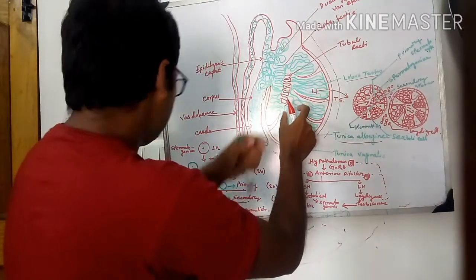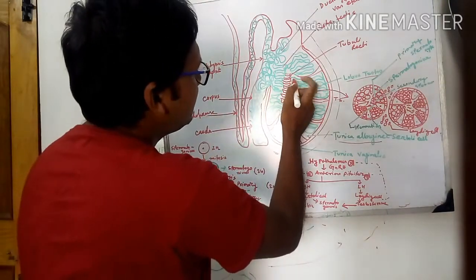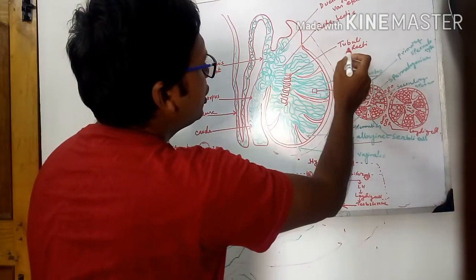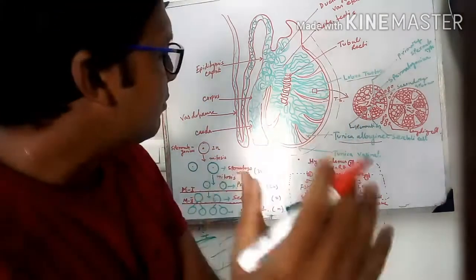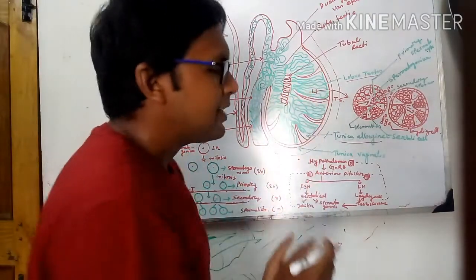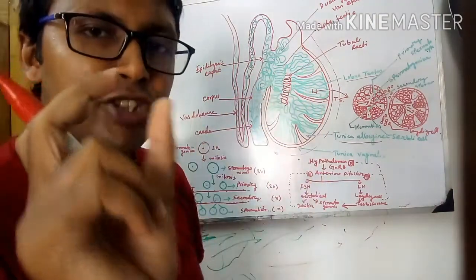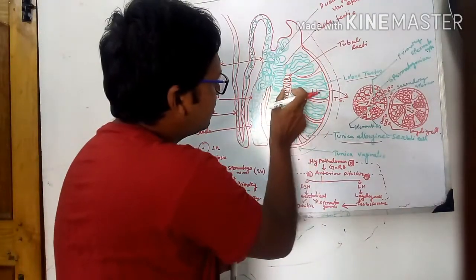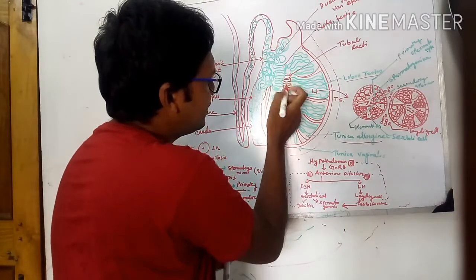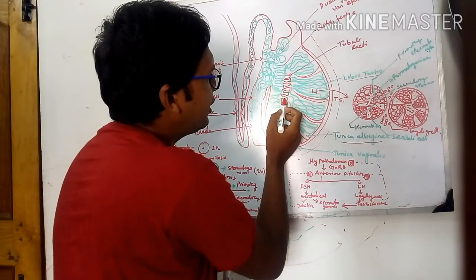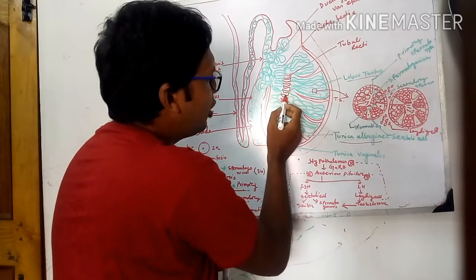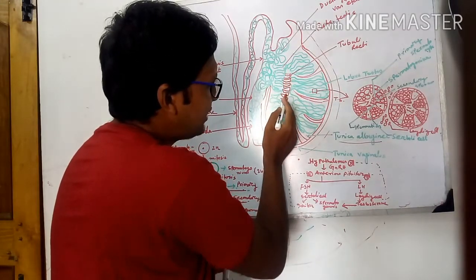The convoluted tubules, that is the seminiferous tubules, form a somewhat straight region. There is a red mark here. This is called tubuli recti. It is actually a sandwich condition.